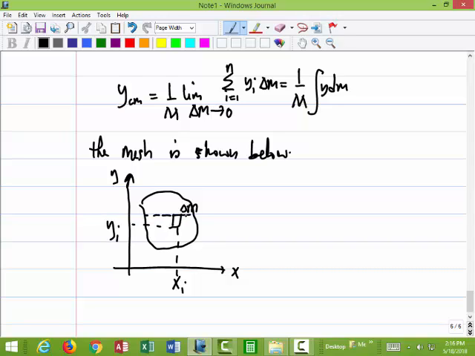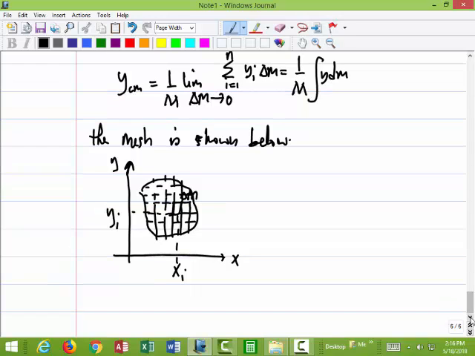This is essentially dividing this into small regions here, and we can take each of these as small as we want. So this is the mesh I'm referring to. The smaller the mesh, the better the approximation, and instead of adding each individual element, we can do an integral to get a complete and accurate picture of what the center of mass should be.